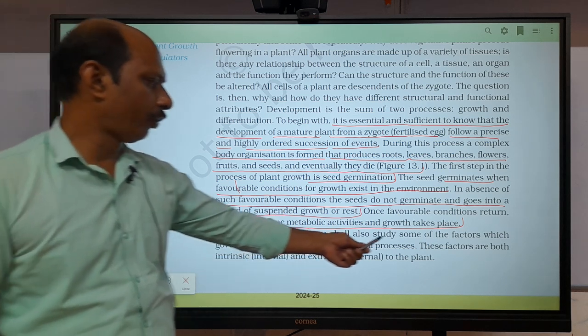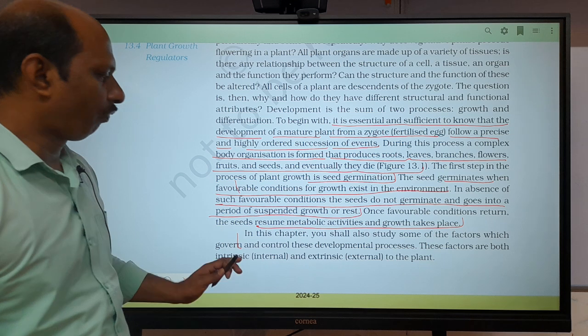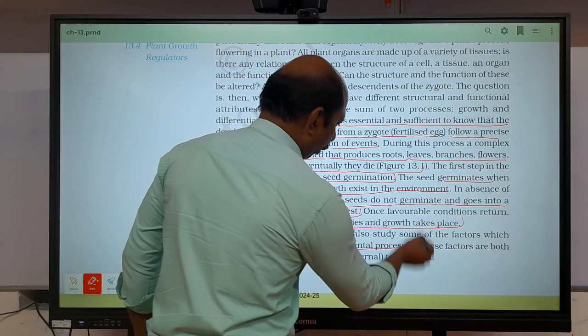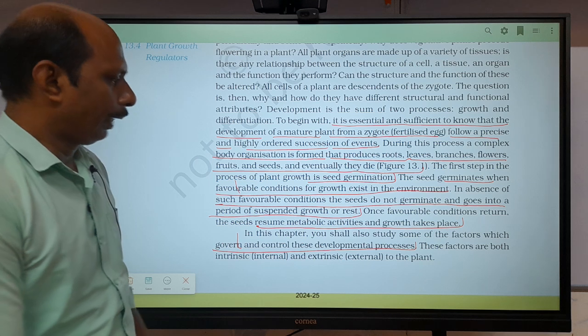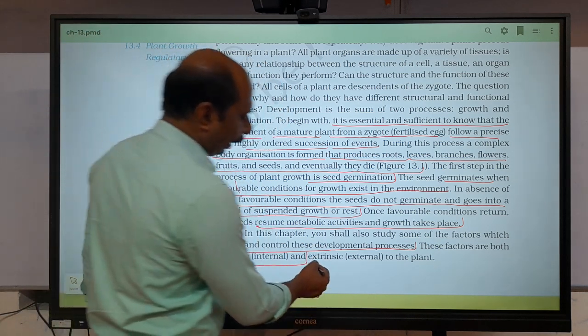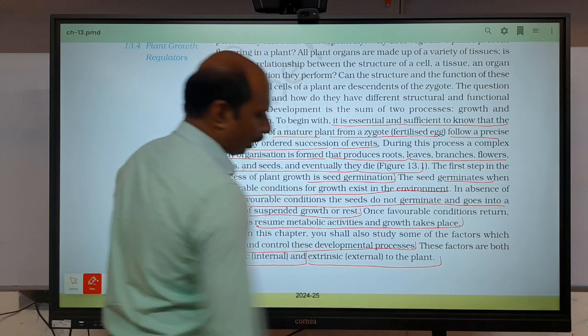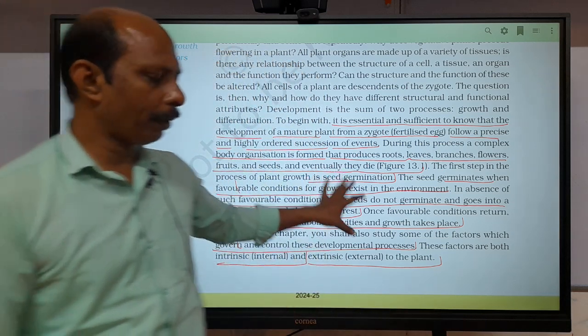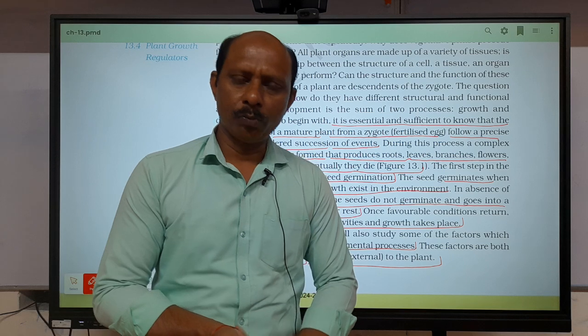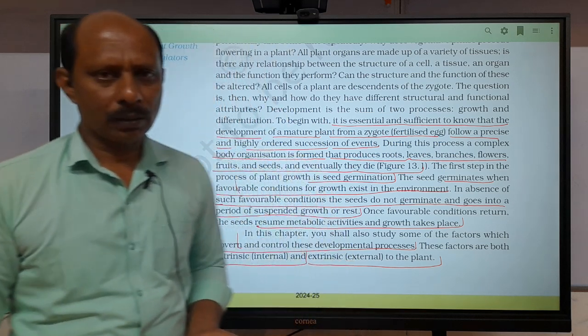In this chapter, we are going to read about the factors which govern and control the development process, right? These factors are both internal, meaning intrinsic, and external, meaning extrinsic. External means favorable conditions like availability of water, that means moisture, oxygen, right?